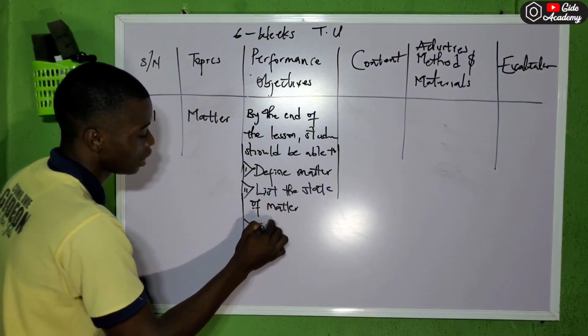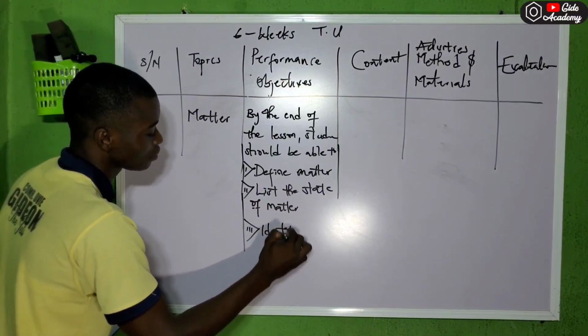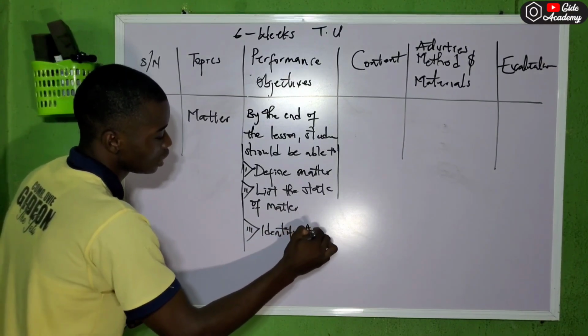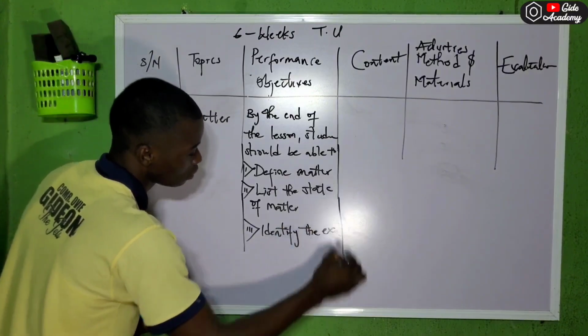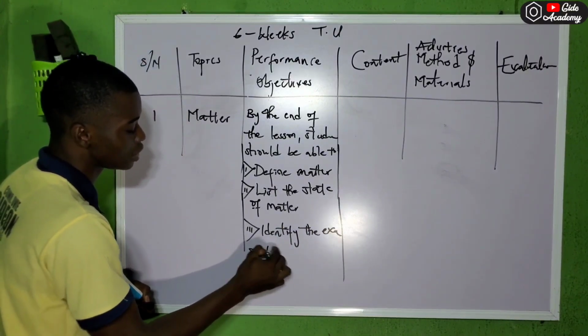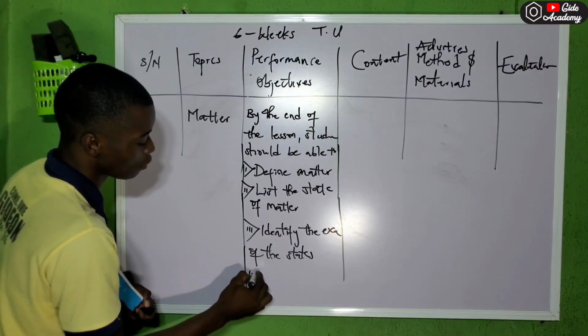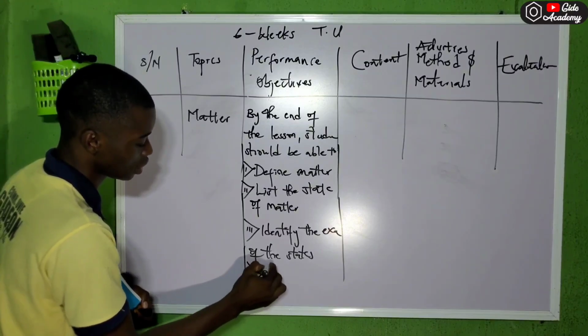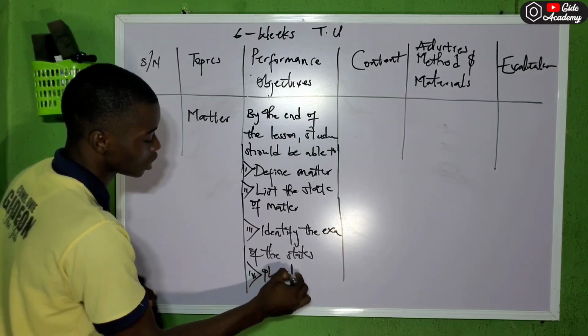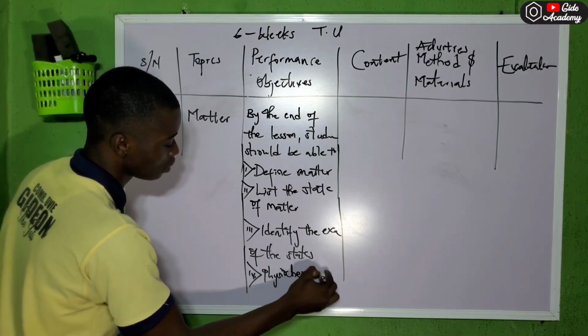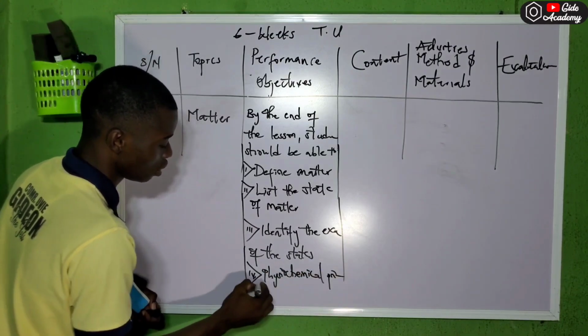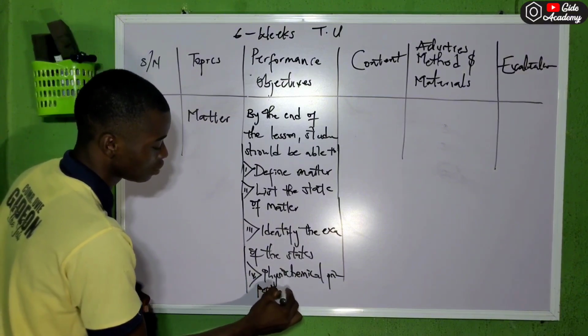Number three, identify the examples of the states. Number four, physiochemical properties of matter.